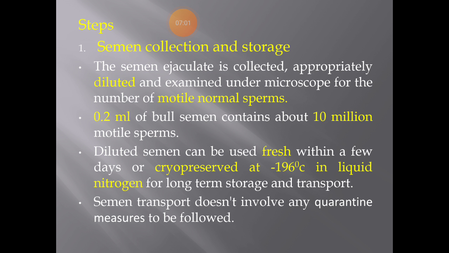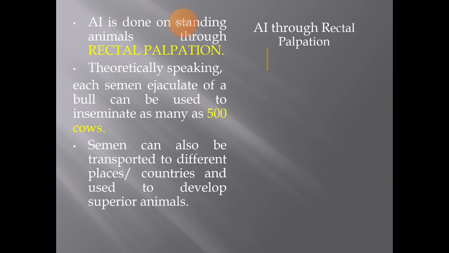But for sending the semen, no such quarantine measures are needed. You can just put it in a small vial, post it. That's what I meant by semen transport does not involve any quarantine measures to be followed. Artificial insemination is done on standing animals through rectal palpation.